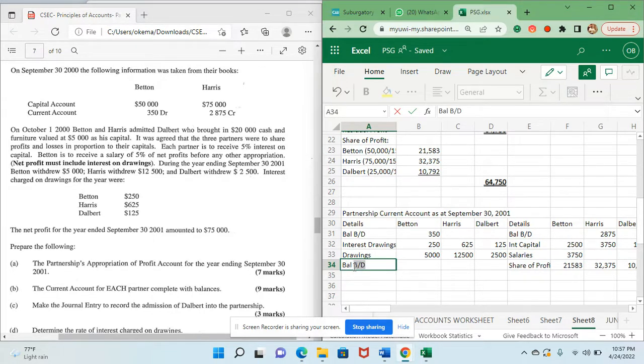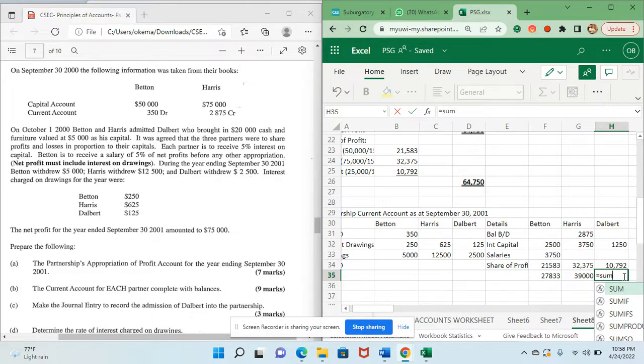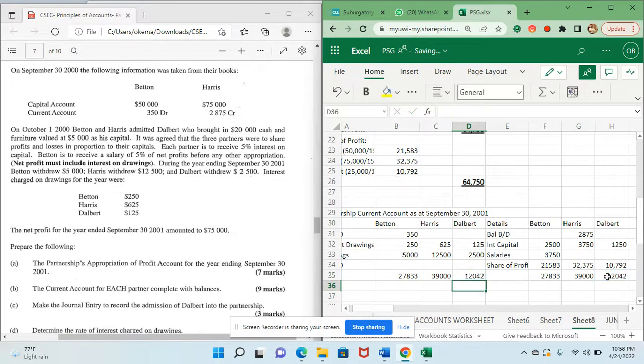So if we have to do balance carried down, we know that is going to be on the debit side. So, right.